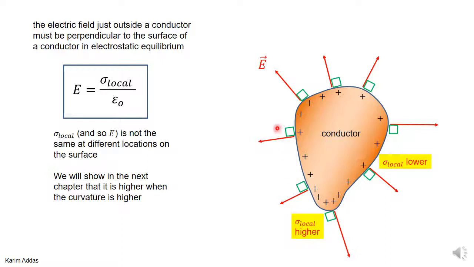This is a cartoon picture of the charge on the surface of the conductor and the electric field. If you want the electric field here, you need to know sigma local right at that location. We're relating the normal component of the electric field just outside the conductor to the local charge per unit area just below it on the surface.